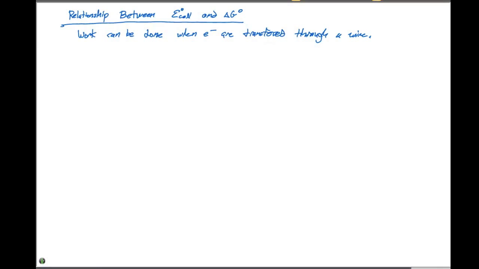And the amount of work done, or the standard cell potential that we can get from the work these electrons are doing, depends on the potential difference between the anode and cathode.